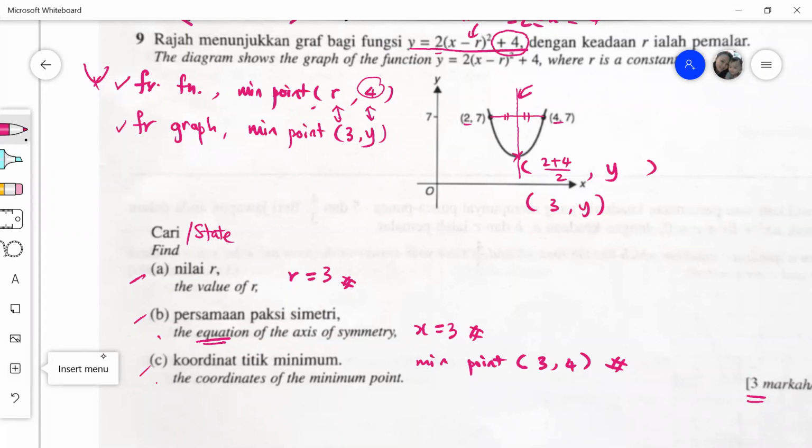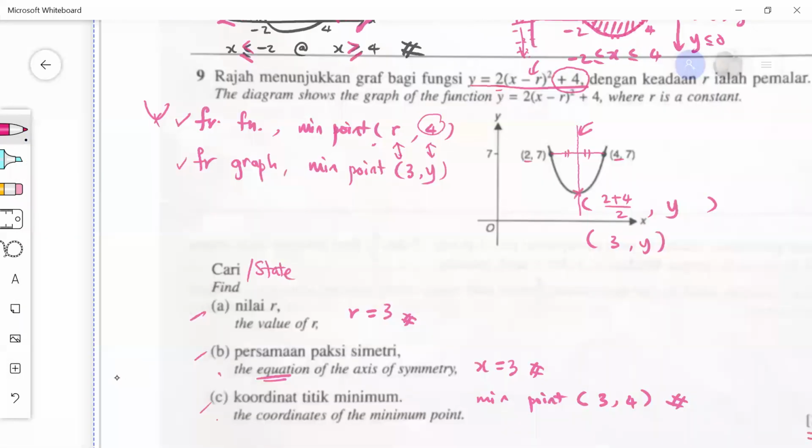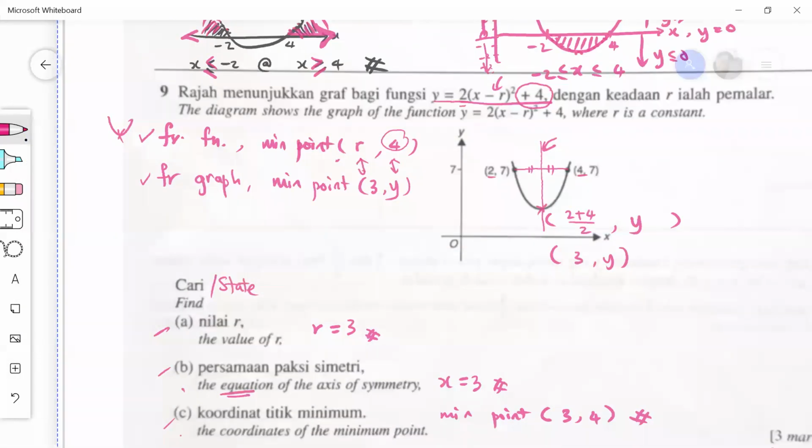All right, so let's move on. This is number 9. Yeah, see, I'm very scared to touch it. Once I touch it, it got hang.